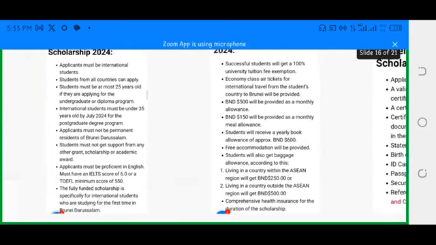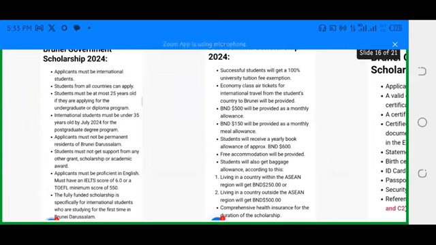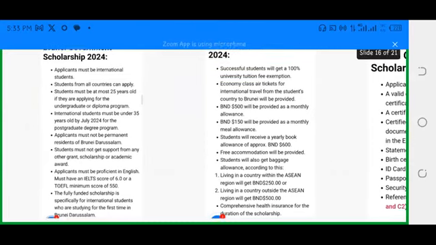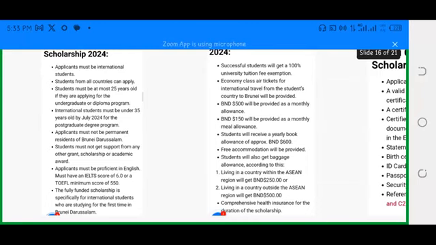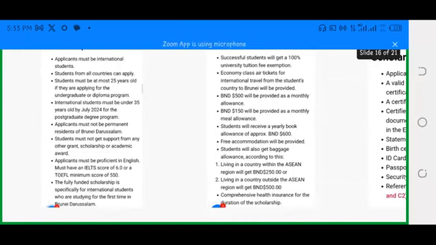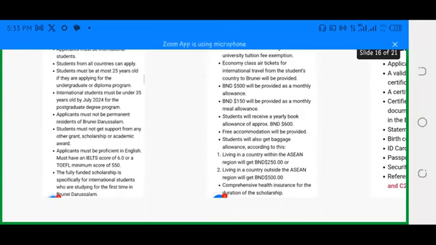So applicants must be international students. Students from all countries can apply. If you're applying for BSc, you must be 25 years old or younger. And for masters, international students should be 35 or less.